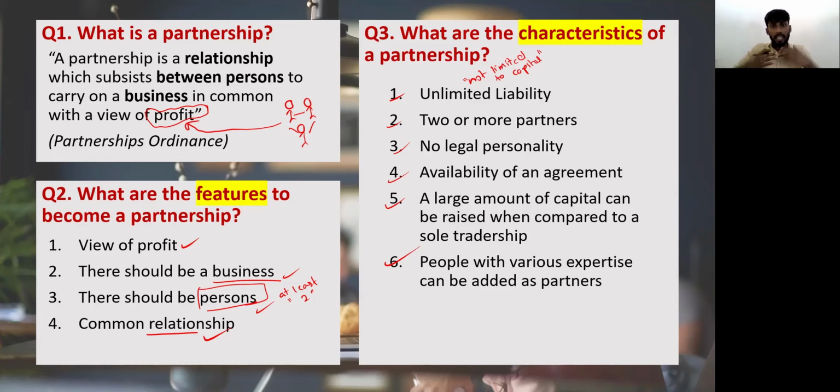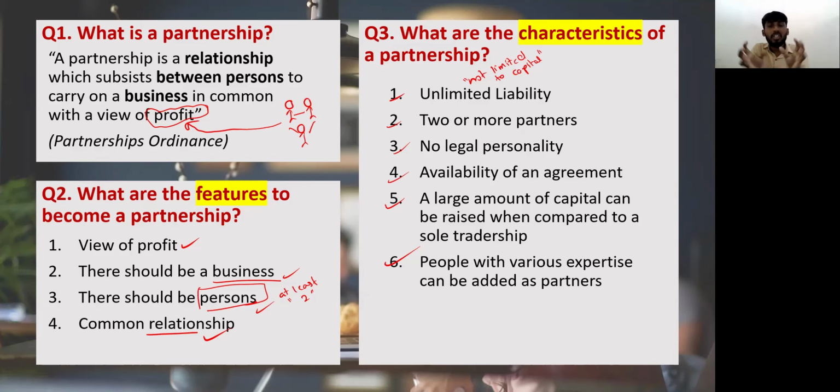Why? Now, if I am an expert in financial accounting, I can add another person who is an expert in taxation. I can add another person who is an expert in management accounting or business advisory. Then I can form a partnership.